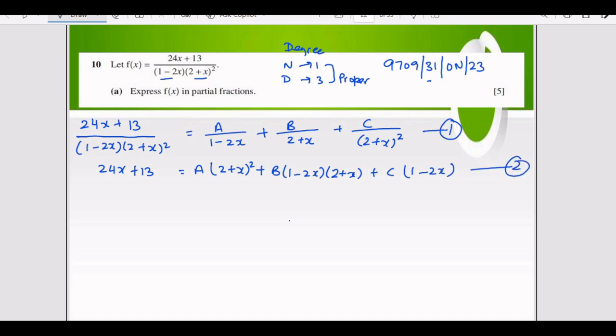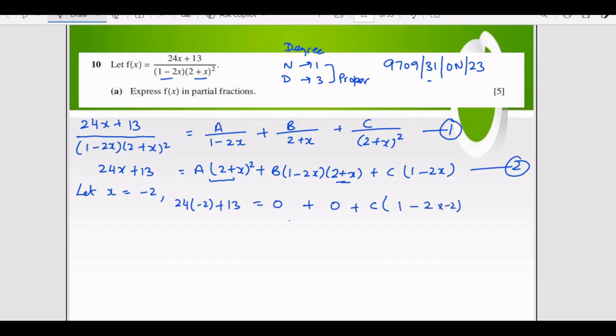So now we will substitute values of x randomly. If I substitute x = 0, I get rid of this part, and this becomes 0. So on the left-hand side we have 24 minus 2 plus 13 equals 0, and this part also gives us 0, and then we have c times (1 minus 2) times (minus 2).